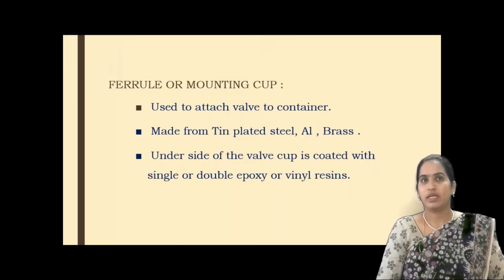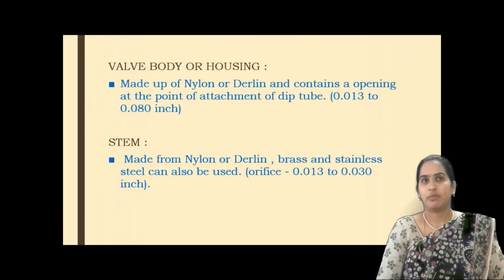Next one, valve body or housing. It is made up of nylon or Delrin and contains an opening at the point of attachment of the dip tube. Normally the orifice size of the housing varies from 0.013 to 0.080 inch in diameter.